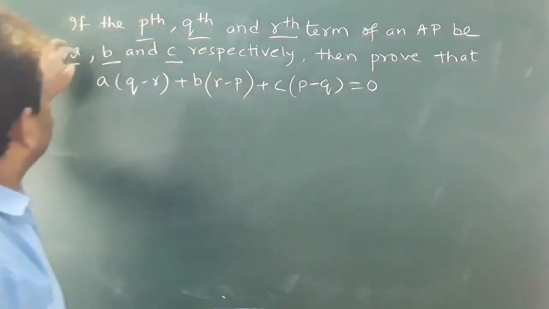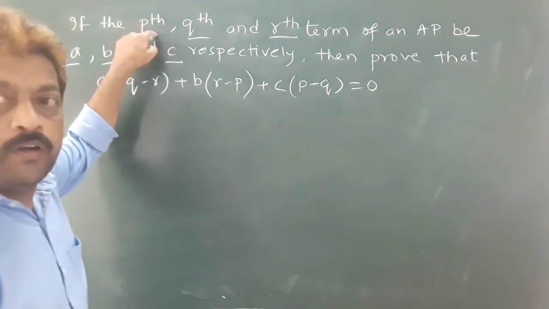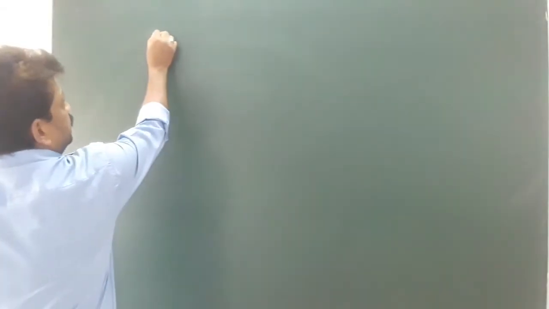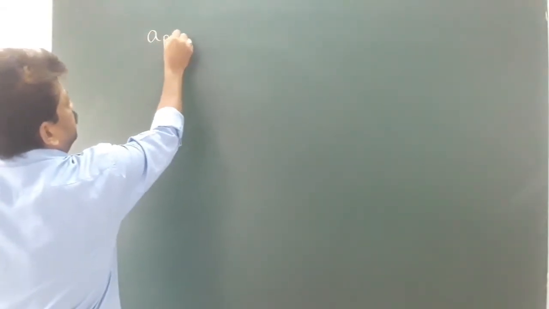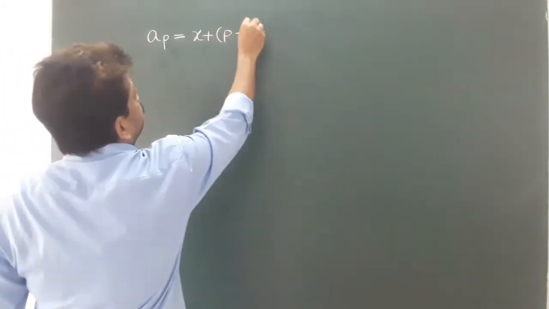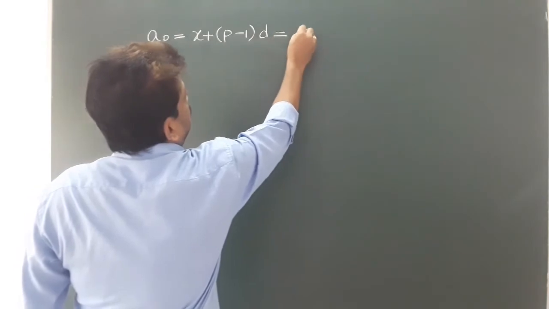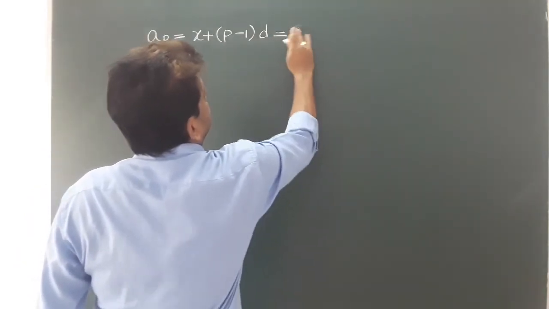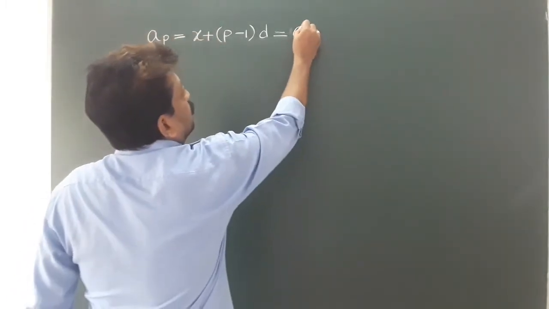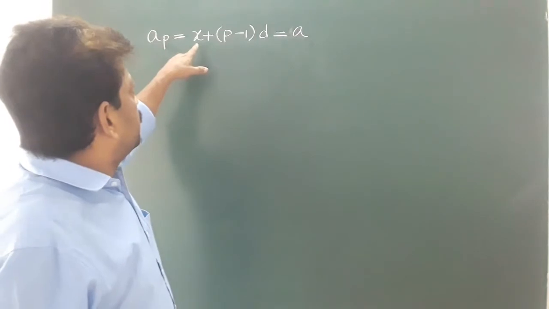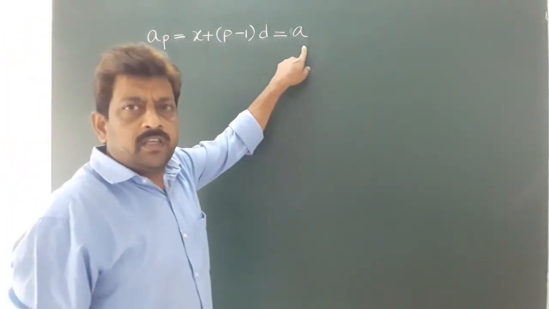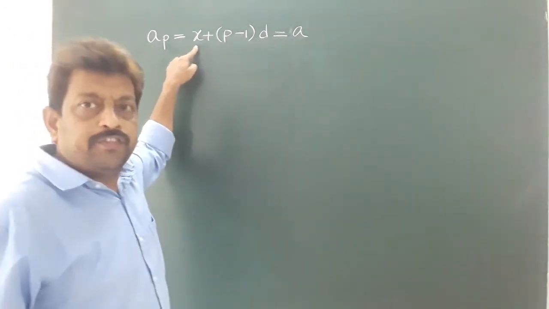So first of all, we have to find the general form of pth term, qth term and rth term. The general form of the pth term of an AP is x plus (p minus 1)d, and that is given as a. Here I cannot take the first term as a because the pth term is given as a. So I have taken the first term as x.